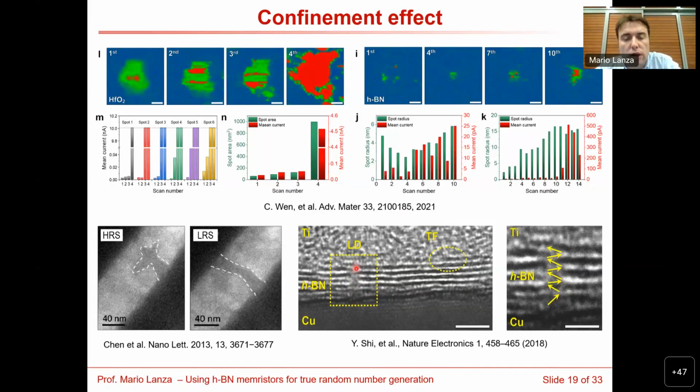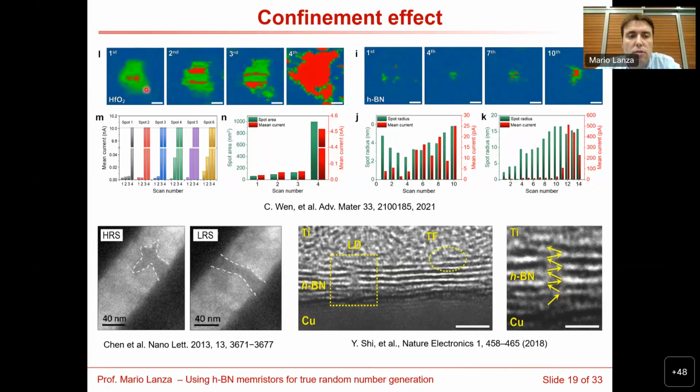We also do this for hafnium dioxide, and we also observe some points that show a little bit more current than others. And with this, we can observe that the hafnium oxide also has local defects that trigger out of plane current. So it's the same situation for boron nitride and for hafnium oxide. But here comes the difference.